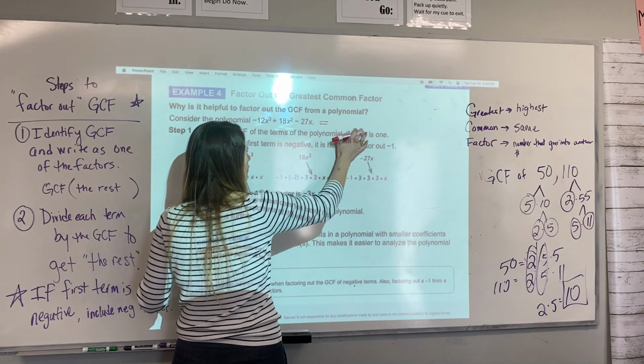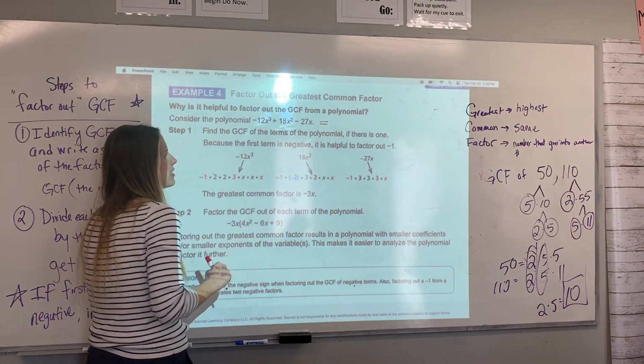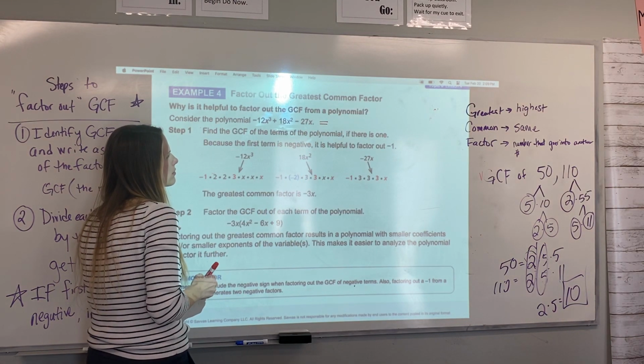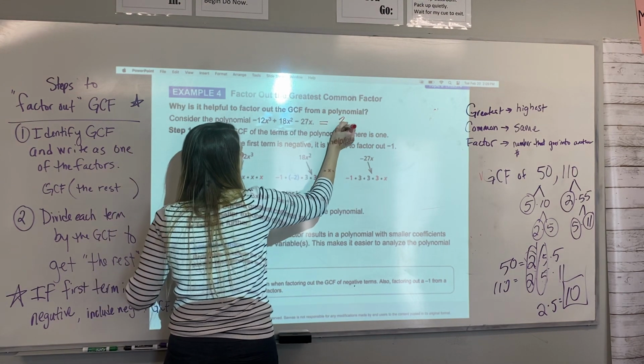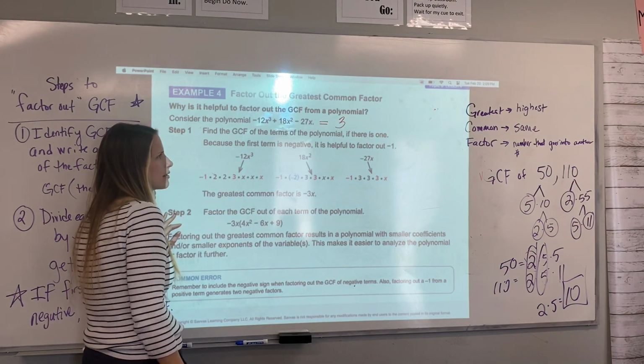Okay, so let's go ahead and first factor out the GCF. So what's the GCF of 12, 18, and 27? 3. What's the GCF of x cubed, x squared, and x? X. Good.